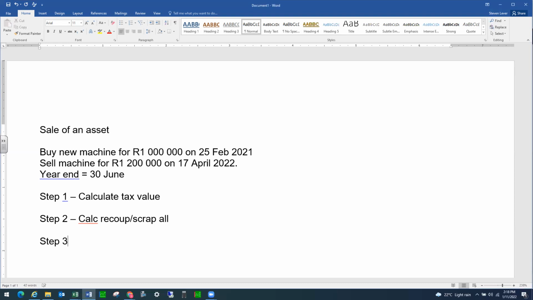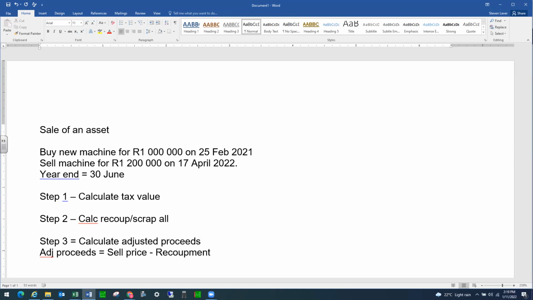Now, step 3. Step 3 is calculate adjusted proceeds. Let me just explain what adjusted proceeds means. Adjusted proceeds is equal to selling price minus your recoupment.